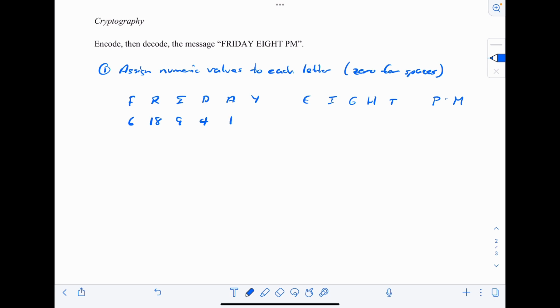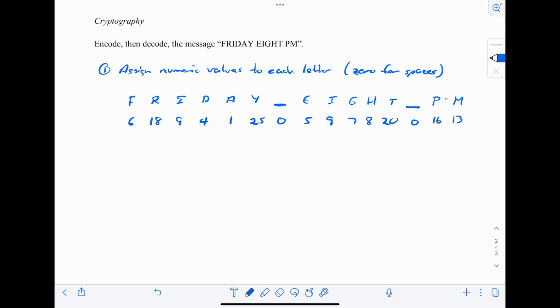By the way, if you're wondering how I'm doing this, there is a chart in your book that has all of the letters with the assigned numbers, or you can find it elsewhere. We technically have a space here, I'm going to put 0 there, and then we've got 5 for E, 9 for I, G H is 7, 8, T is 20. We've got another space here for 0, P is 16, and M is 13.